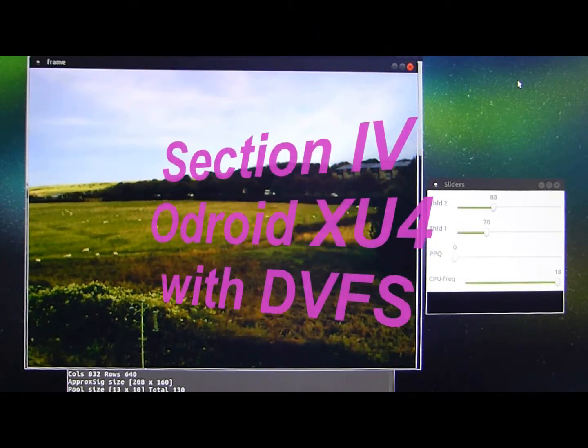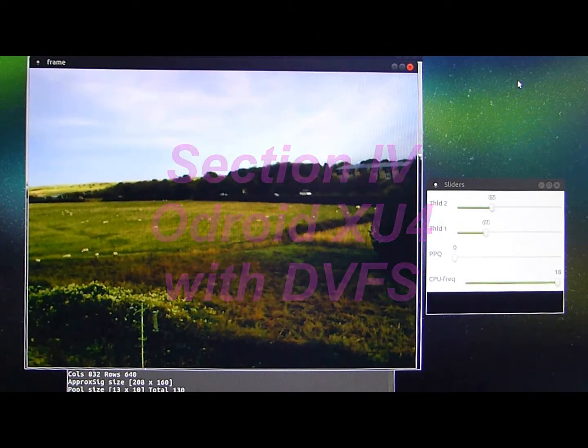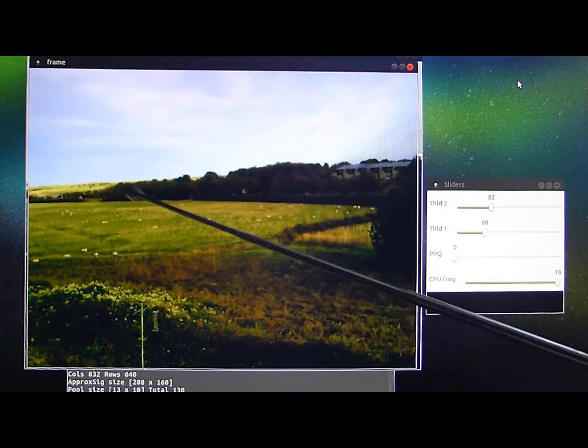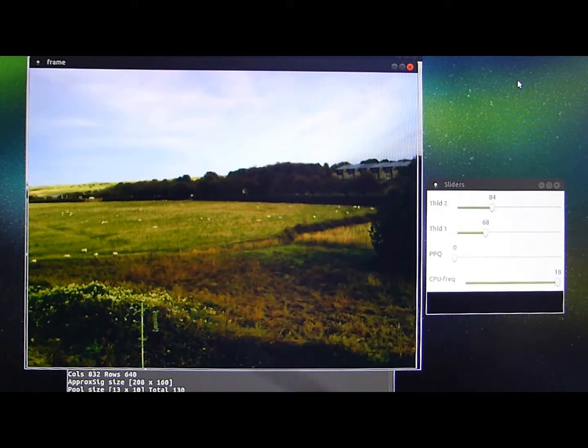Okay, now we move on to a live camera feed into the Odroid XU4 board. So we've got a camera looking out to the window. There's a road along here with obviously traffic moving along it, and today we have some sheep in the field, so we'll see if we can pick them out.